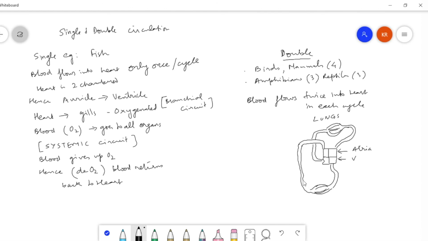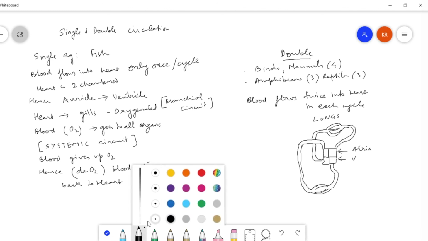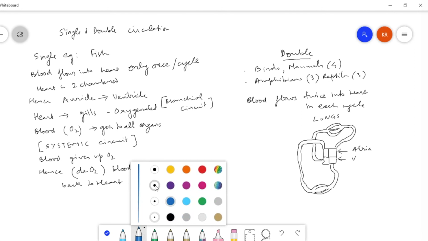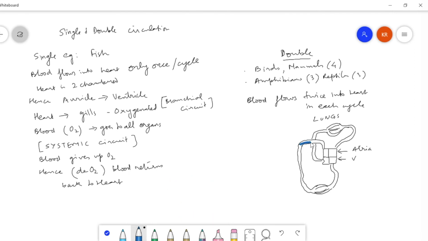So this is a diagram for closed also, but in closed it is double. You can show this with blue, because the heart is now receiving blood which is deoxygenated.